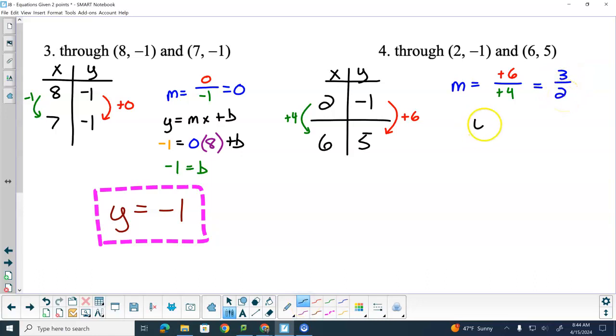Then we're going to go y equals mx plus b. Top or bottom, anyone? First one to say top or bottom wins. Bottom I heard first. 5 equals 3 over 2 times 6 plus b.